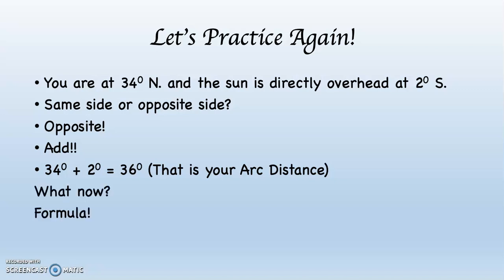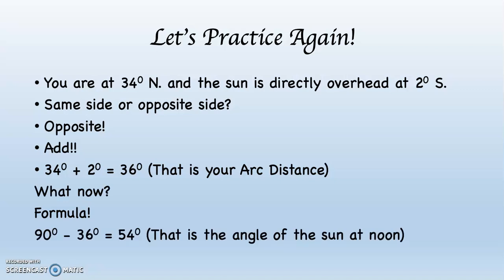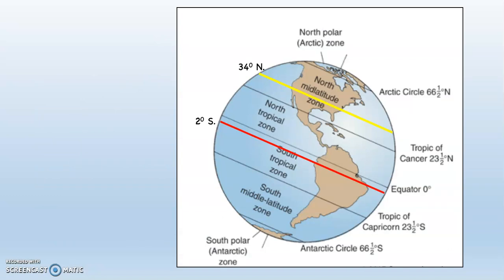What now? The formula. 90 minus 36, which is your arc distance, equals 54. There you go. That's the angle of the noon sun on that particular day. Again, take a look. I've got 34 degrees north in the yellow line, 2 degrees south in the red line.